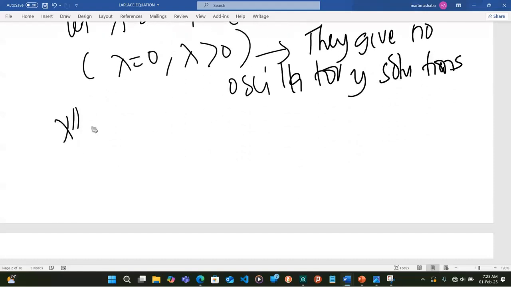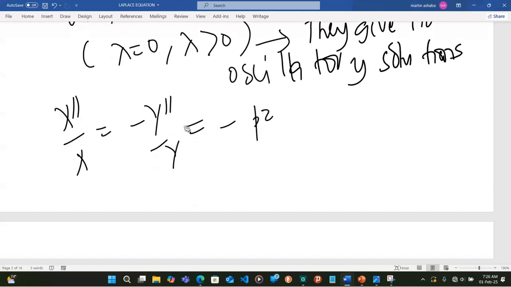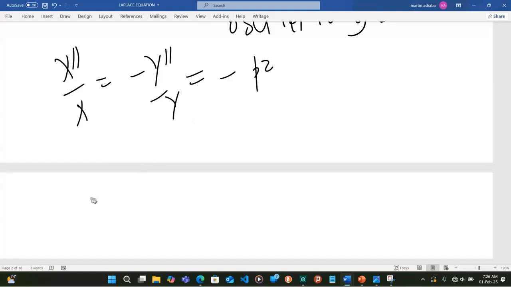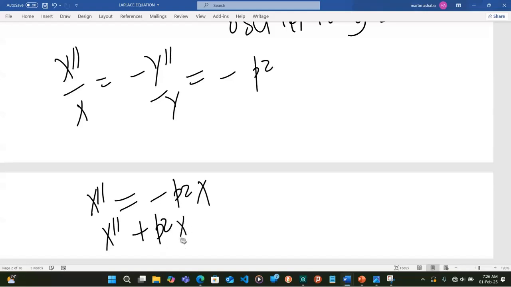Therefore, if X double prime divided by X is equal to negative Y double prime divided by Y is equal to negative p squared, then we are going to formulate ordinary differential equations here. From which X double prime is equal to negative p squared times X, and this gives us X double prime plus p squared X equals 0.